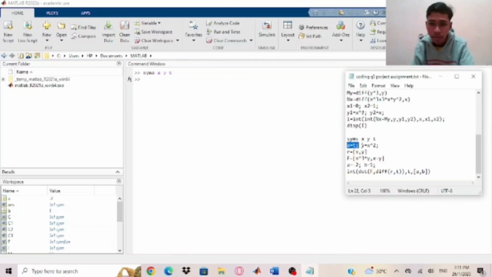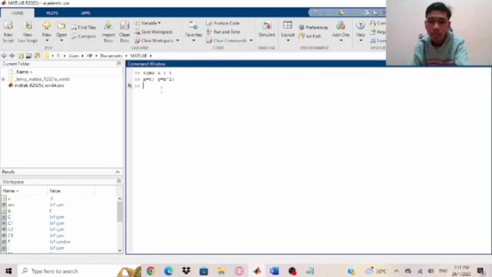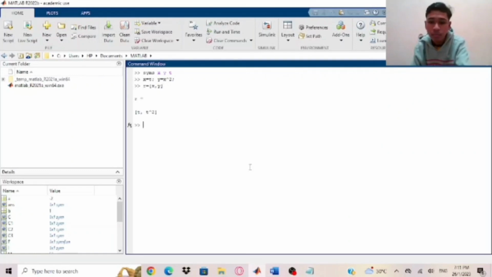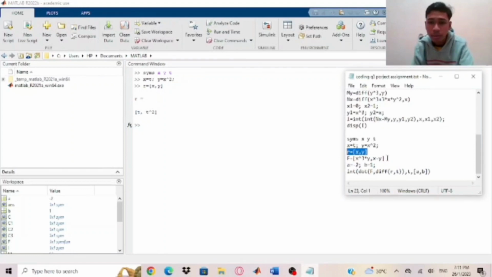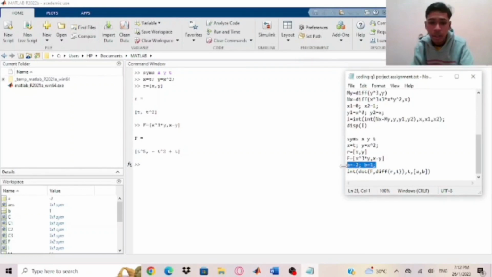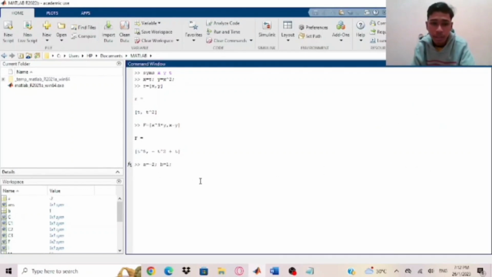This is the x of t and y for the r, and we put the r xy, and we got t and t to the power of 2, which is the function from the question. After this, we simplify, we get this answer, and the upper and lower bounds, which is a is -2 and b is 1.